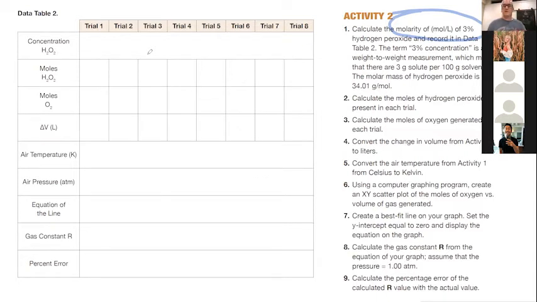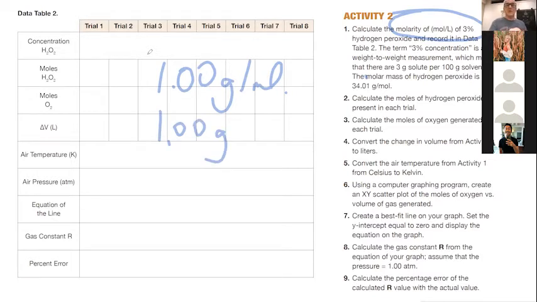So we're going to assume that the density, since it's 99% water, is going to be 1 gram per mil. So 1 mil is 1 gram. So we'll have 1 gram of solution, and 3% of that will be hydrogen peroxide. So in other words, 0.03 grams will be hydrogen peroxide.